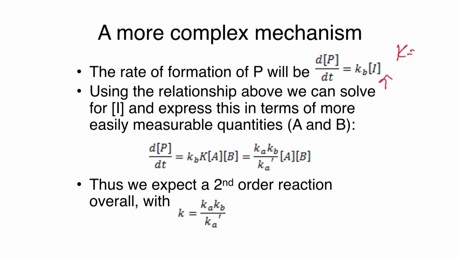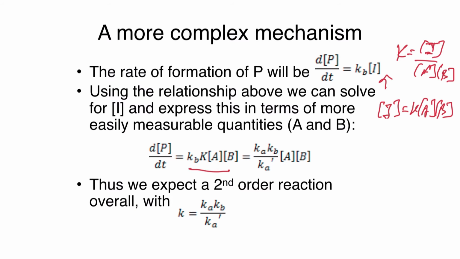K is equal to I over A times B, so the concentration of I is really K times A times B. And then I also know that K is related to Ka and Ka prime, the kinetic rate constants. So I can take that and shove it in here, and I get this.